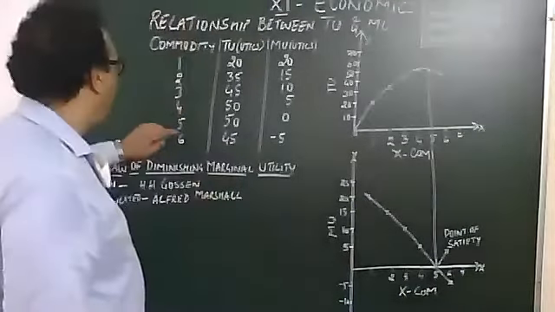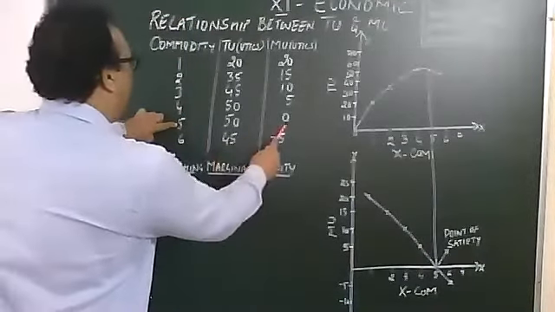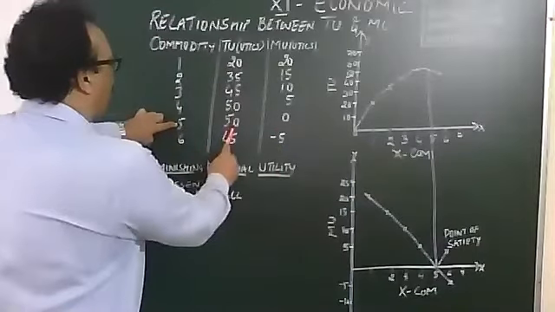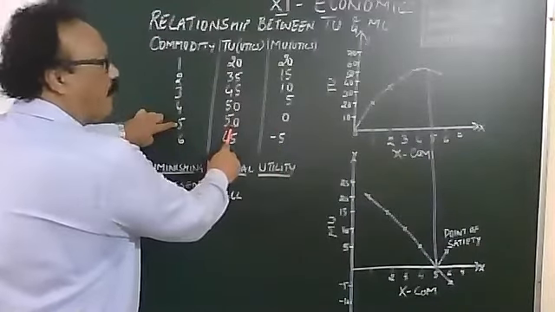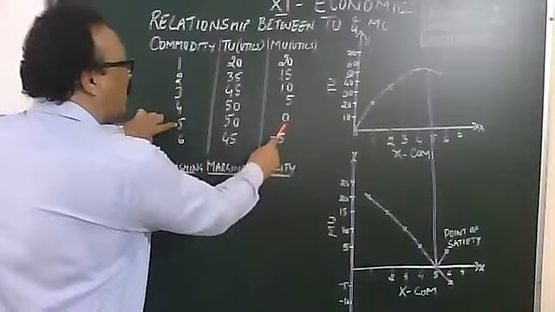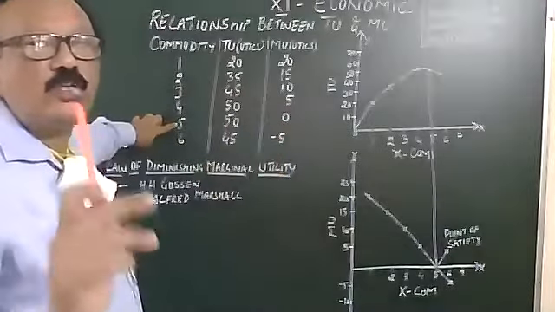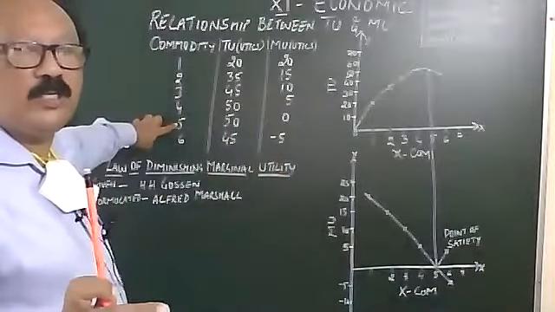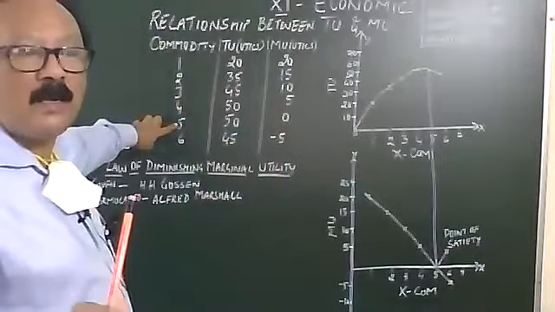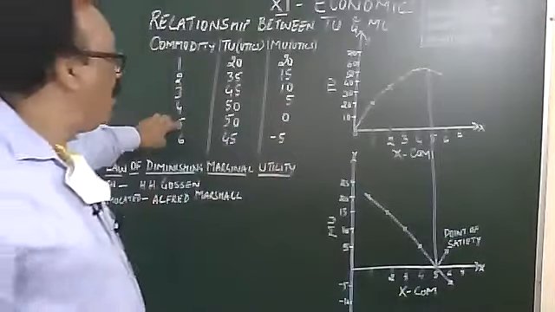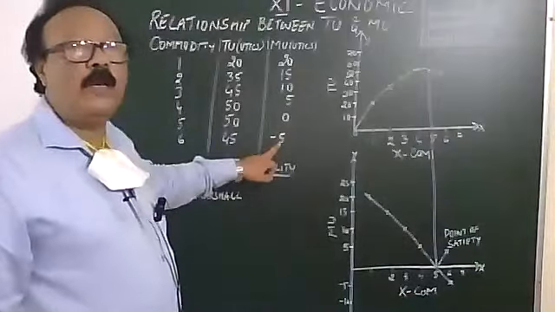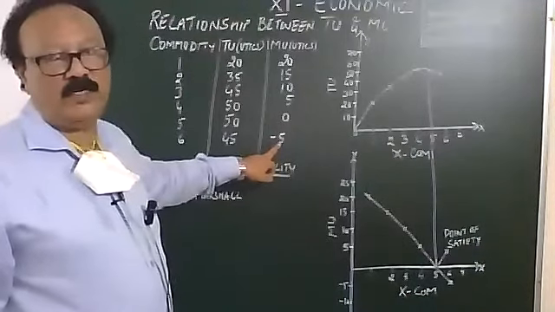What would he do when he is at the 5th unit? His total utility is 50 and his marginal utility is 0. He should stop at that point of purchase. Don't go beyond that, because if you go beyond that, what will happen to you? You will get negative satisfaction.